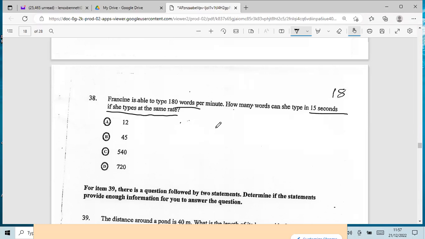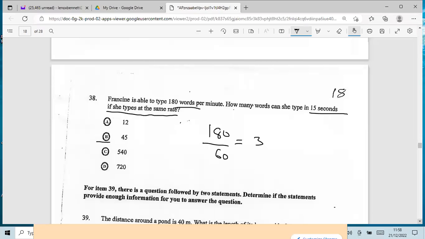So you could say 180 words per minute, divided by 60 seconds. So for basically 1 second, you would type what? 3, when you divide, right? So it's 3. And then you multiply the 3 times the 15, which is 45.